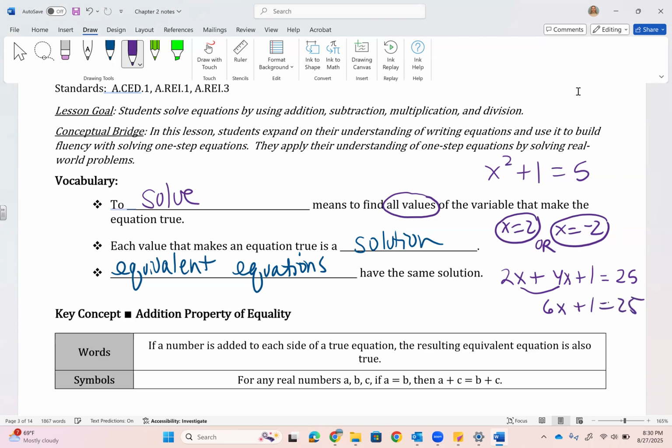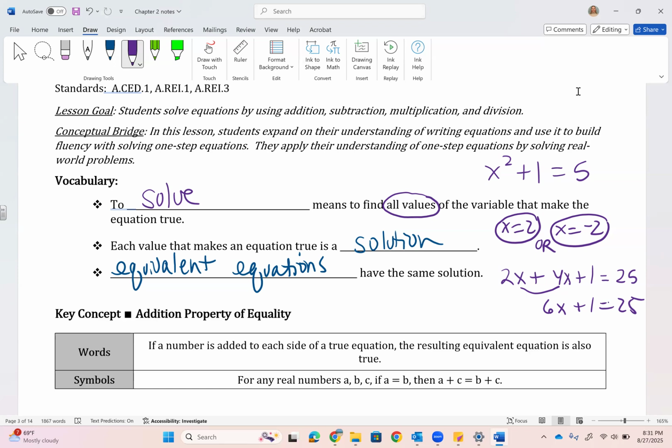Those would both have the same solution, because they're just simplified forms of the same equation. It's just that one's more simplified than the other. If you've got two equations that are basically equivalent, just one simplified, they're going to have the same answer.